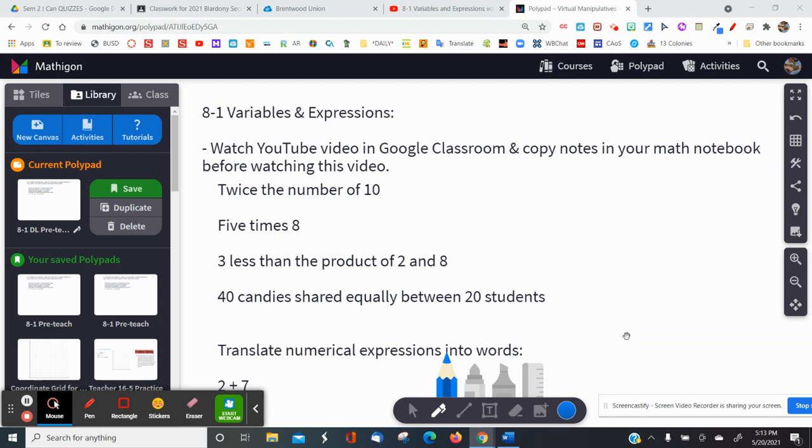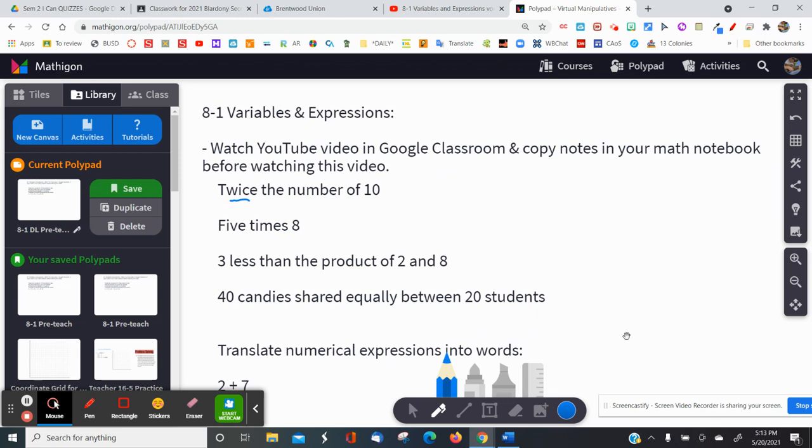Okay, so this first question reads, twice the number of 10. So what I need to do is think about what words or phrases in there help me figure out what operation this is. When I see twice the number of 10, when I think of the word twice, I know that means two times.